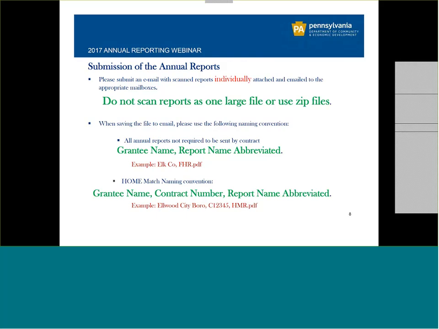The only one that's a little different is the HOME match naming convention, and that's because we need to have the contract number. Please follow these guidelines. It saves us work on our end, and we can be better at helping you with technical assistance rather than trying to figure this out.